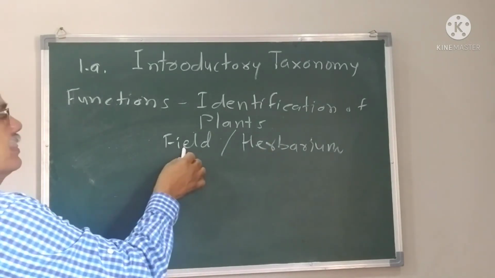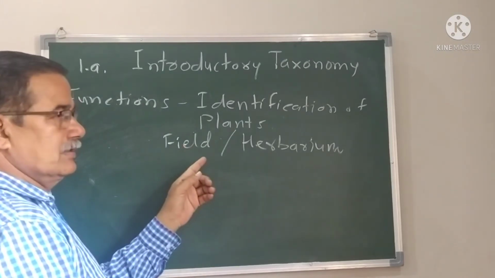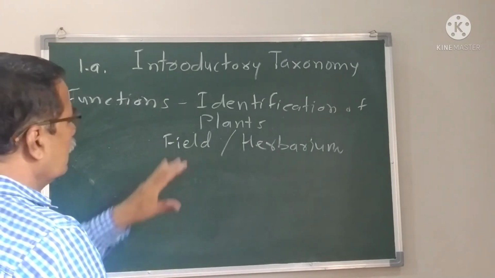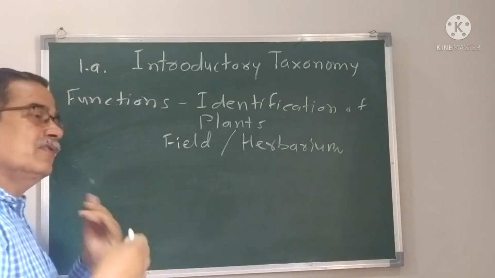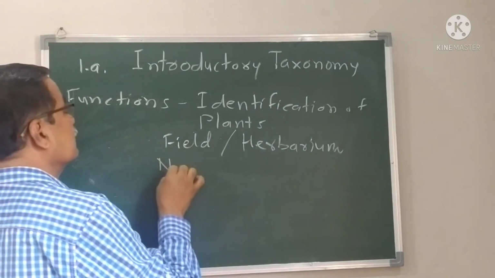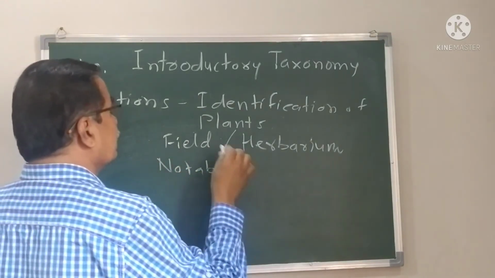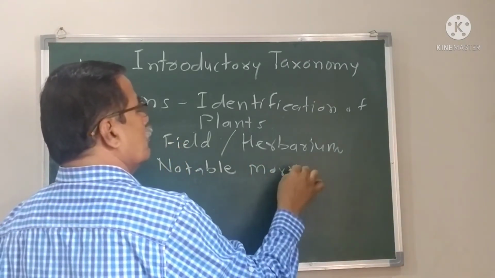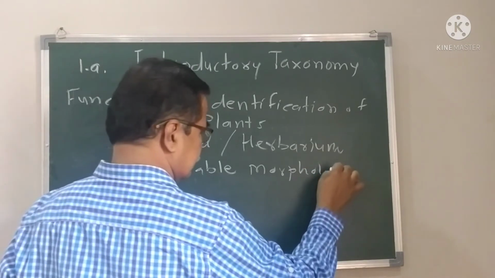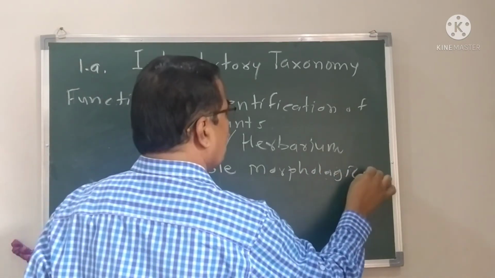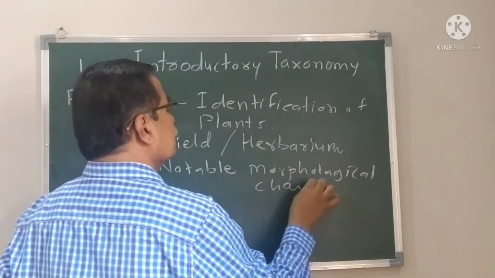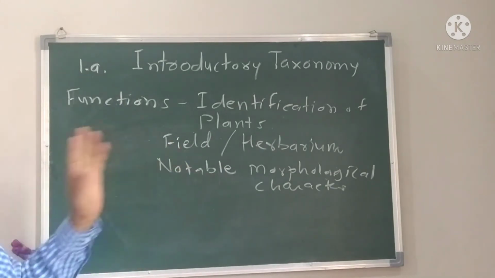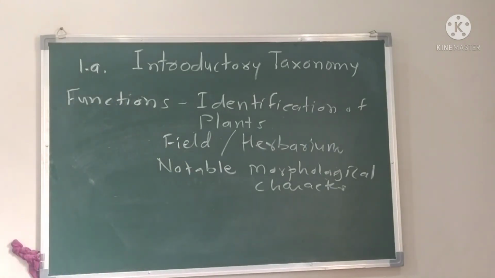But in the field area, plants are collected, and whatever characters are found are noted. These are mainly morphological characters, which are seen externally in the field area, and they are noted in a field diary.